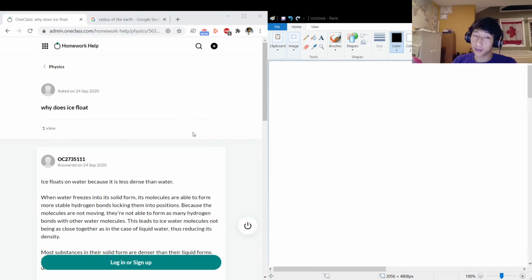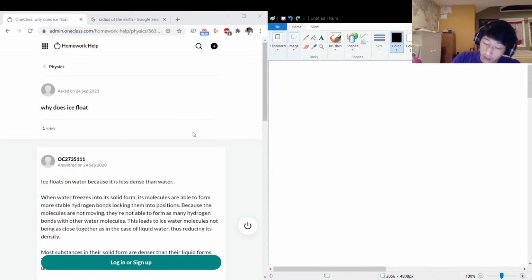Next question that we got. Ooh, I like this question. Why does ice float? This gets a little bit into chemistry as well. So let's talk about why do things float in the first place?